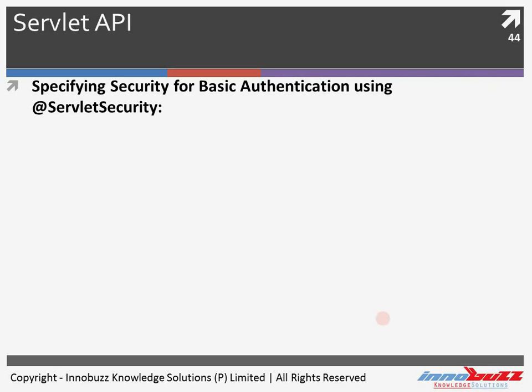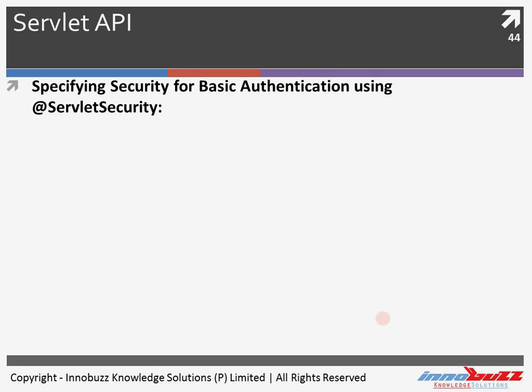There are two types of security basically: declarative security, which we normally do using web.xml or annotations, or the other way, programmatic security. When declarative security is not enough to hold the application security model, programmatic security is employed. So there are two ways, declarative and programmatic.